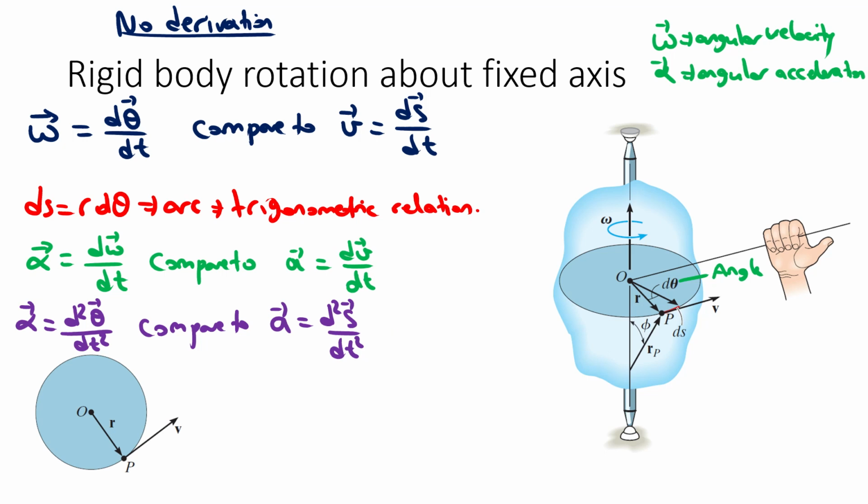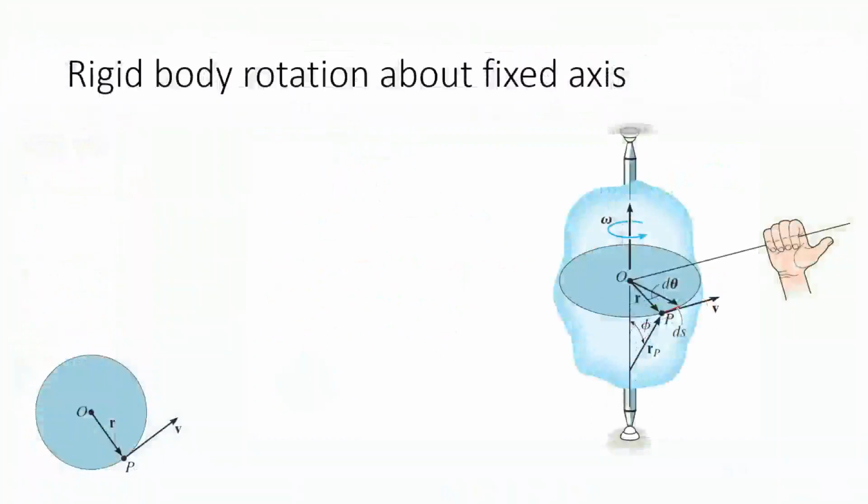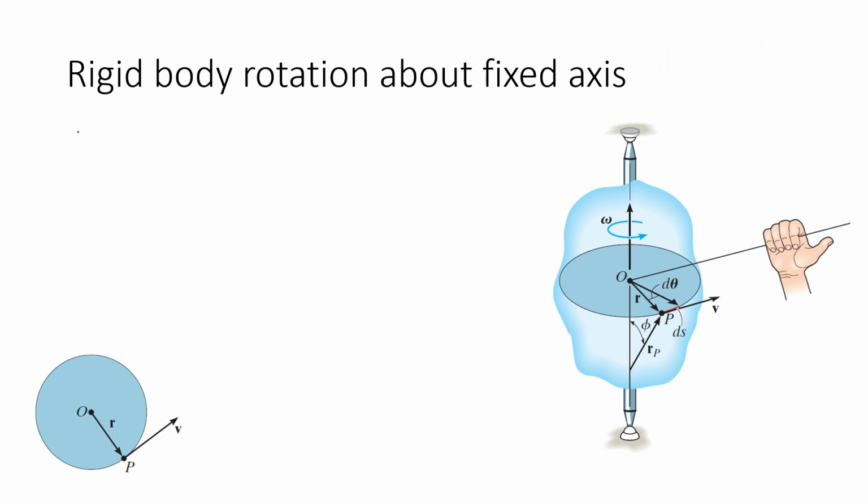Let me add one more slide because I will have a couple more formulas. These are the main formulas, and then we have the formulas for constant acceleration alpha.